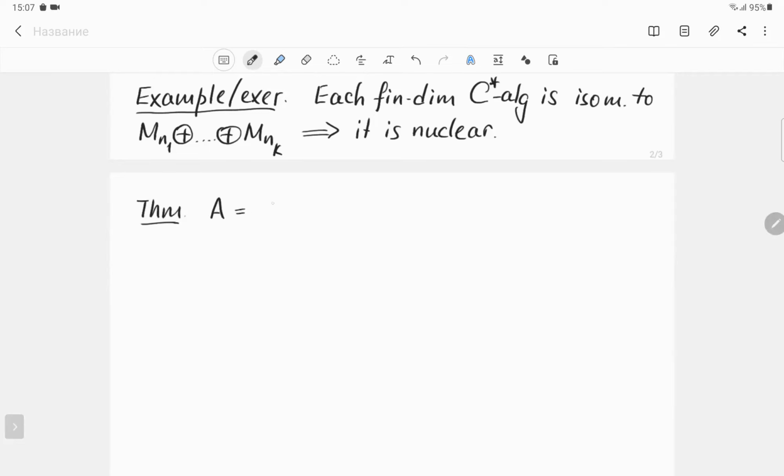Suppose that A is a C-star algebra, and suppose that script B is a directed family of C-star subalgebras of A.